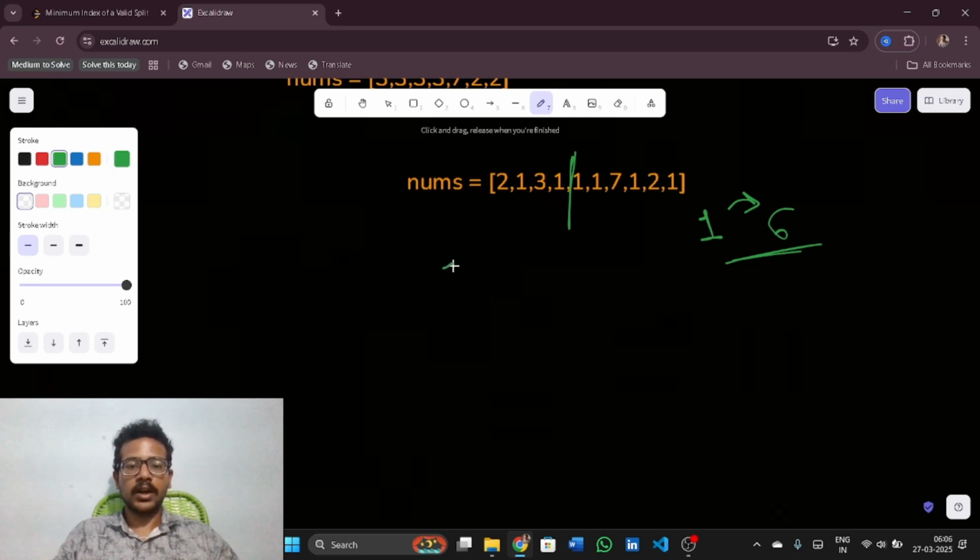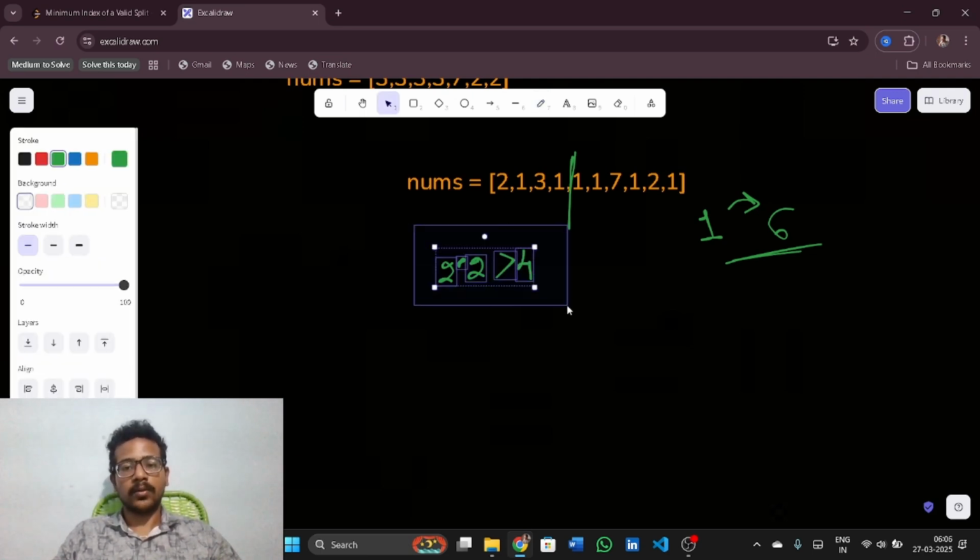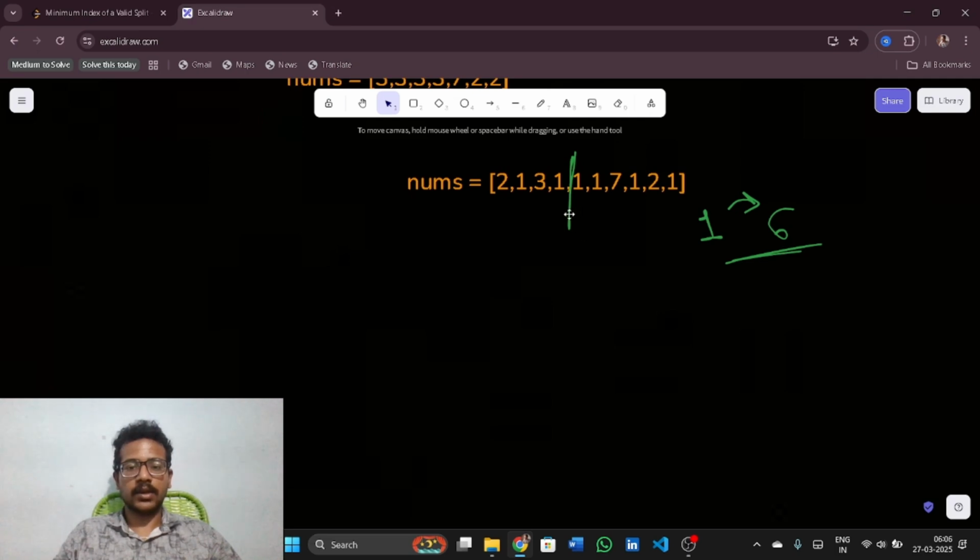Here I have 1 for 2 times. I'm only checking for 1 as it is the dominant element in the whole array. It would be dominant in the left and also the right subarray. 2 into 2 should be greater than 4. Is it so? No.